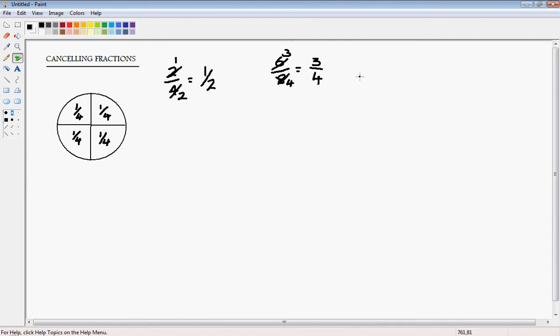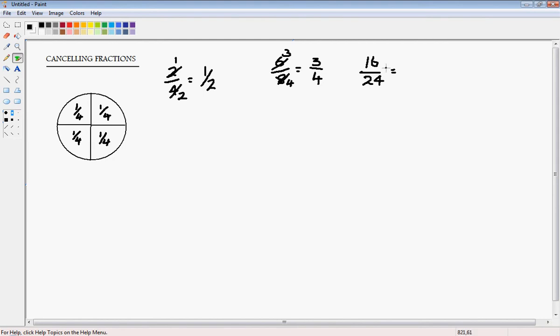Now what people try to do is do it too quickly. So for example, if we've got 16/24, now I know 8 goes into 16, I know 8 goes into 24.